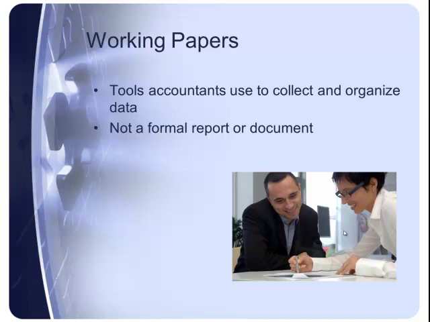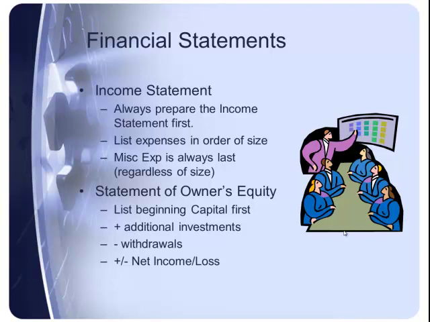Those are not documents that are available to the public or that someone would ask to see. It's really not important to anyone but the accountant. And they use that trial balance to create the financial statements.